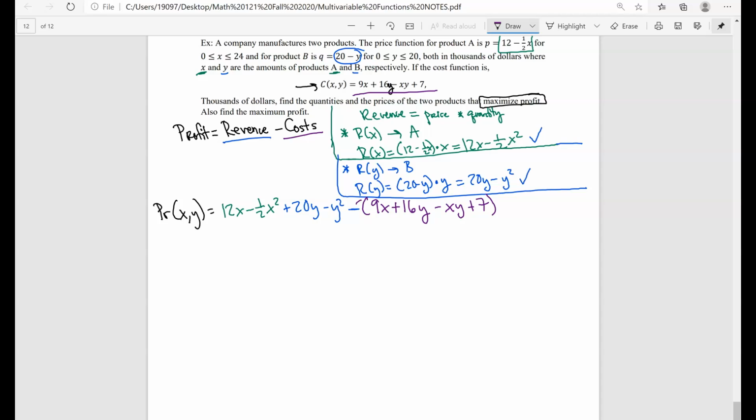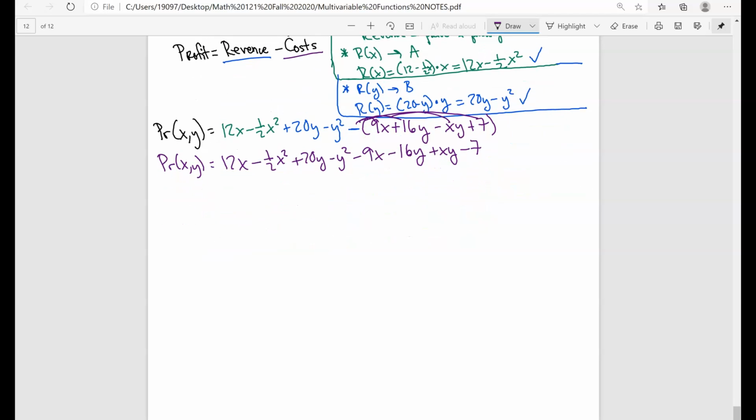Let me distribute out this negative. So the profit function P of x, y equals 12x minus 1/2 x squared plus 20y minus y squared minus 9x minus 16y plus xy minus 7.